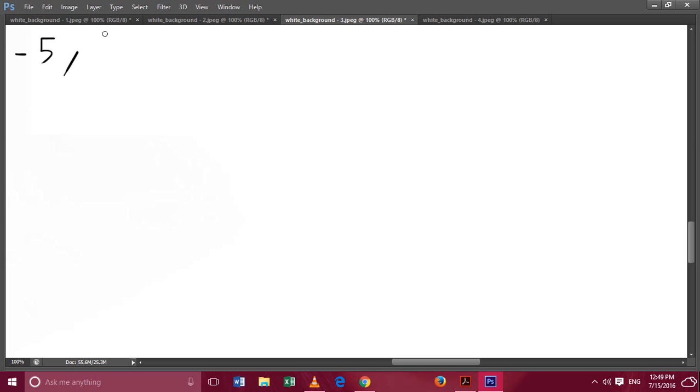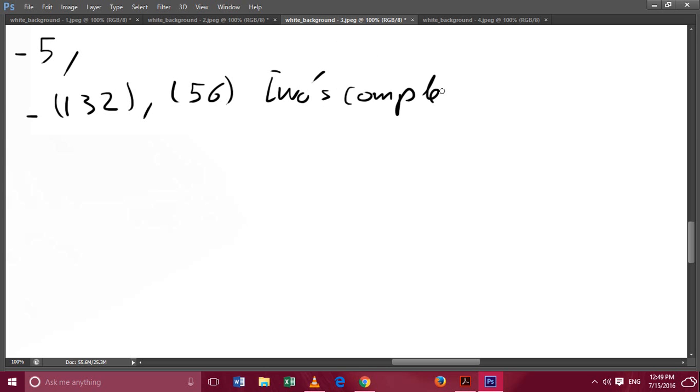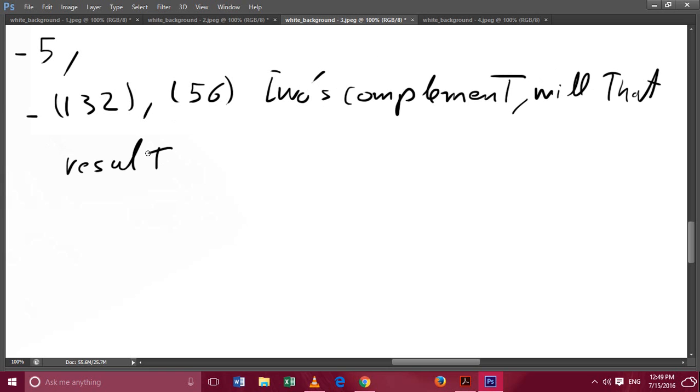Here's an exam question: if you add the numbers 132 and 56 in 2's complement binary notation, will that result in an overflow?